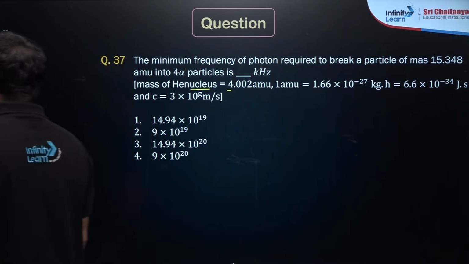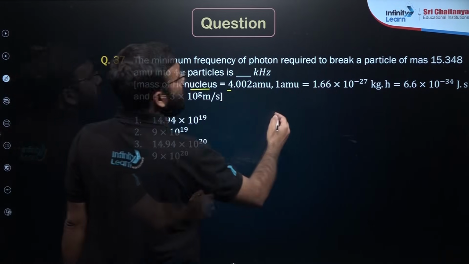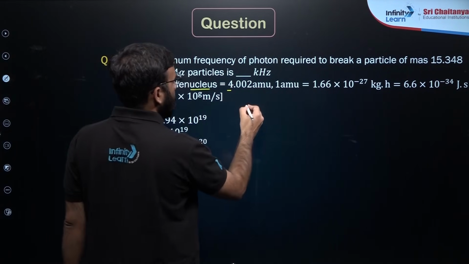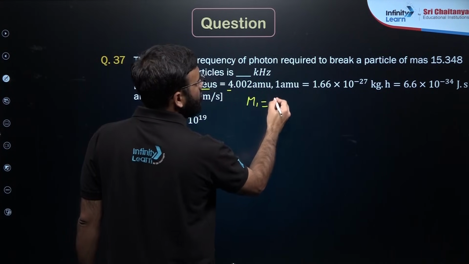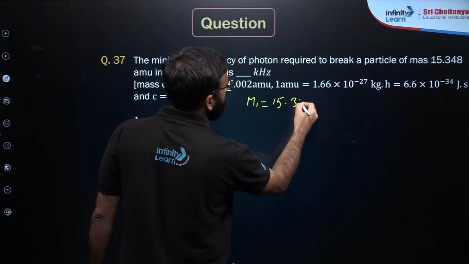First we can find the mass of the breaking particle. Mass is this one, 8.